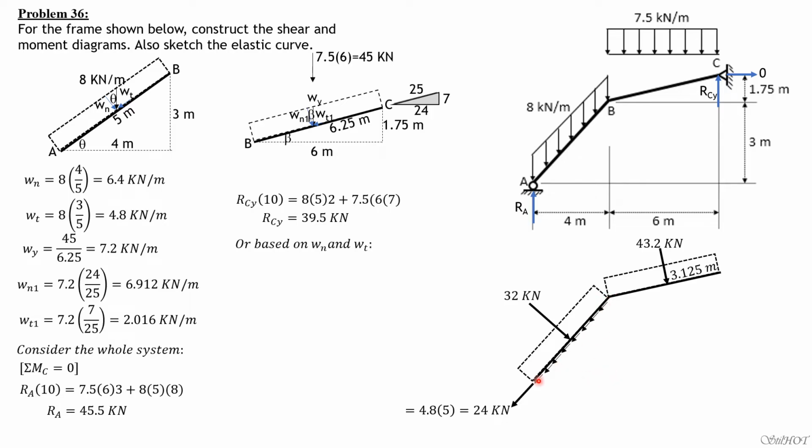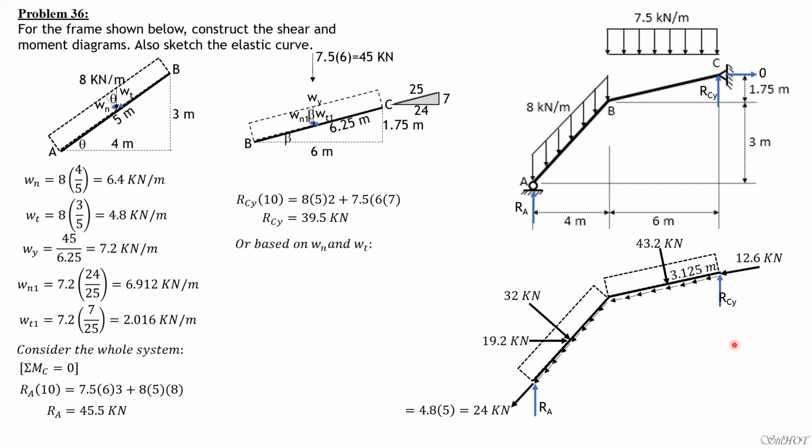Because it acts along the length of 5 meters, 4.8 times 5 is 24 kilonewtons. Then this is WT1, which is 2.016 kilonewton per meter times the length of 6.25. So the equivalent load is 12.6 kilonewton. So that's the equivalent tangential load, this one. And I just shift it here.